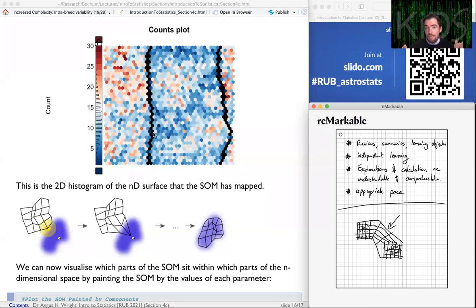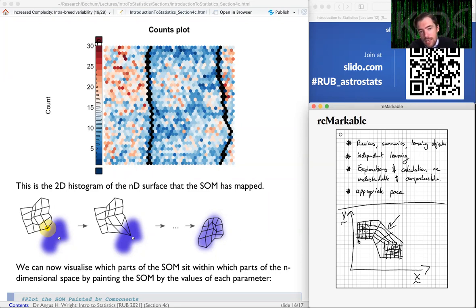They're the gaps. But what I can do is take this manifold and paint it by the value of the X parameter and the Y parameter. Because remember, this map that I'm showing is in the manifold space.